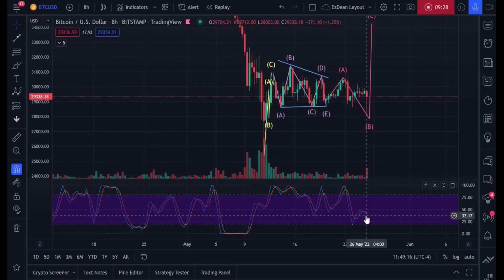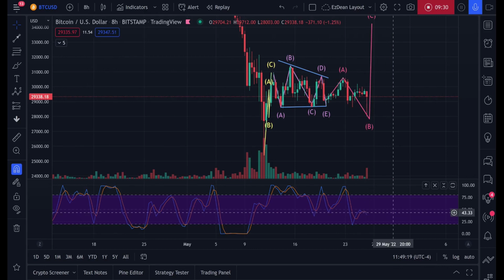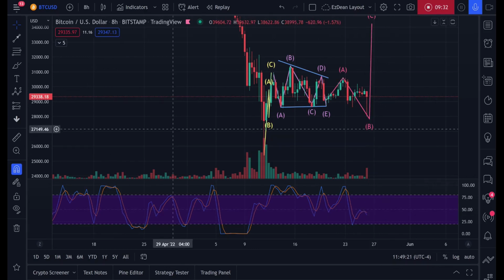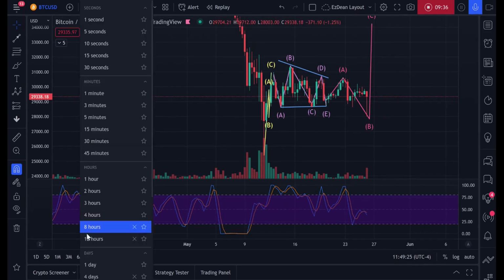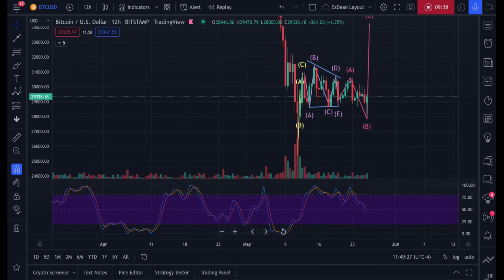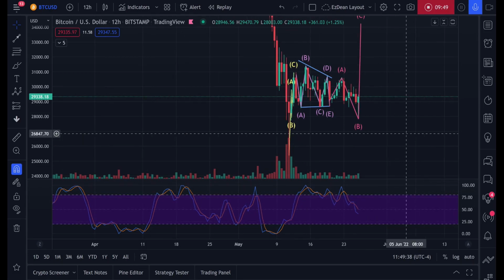And then you go into your 8 hourly. You're also oversold on your 8 hourly time frame. You're below 50, and you also have your strong bullish hammer candle. And then finally, on your 12 hourly, you are also oversold. You're peeking into oversold, you're starting to round up and back up. So this is very important. All our indicators are indicating that.